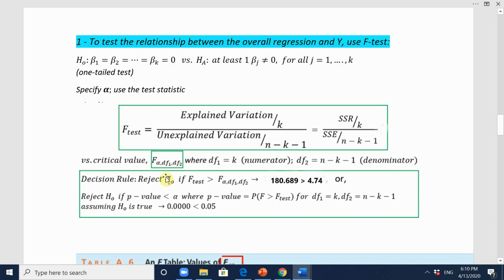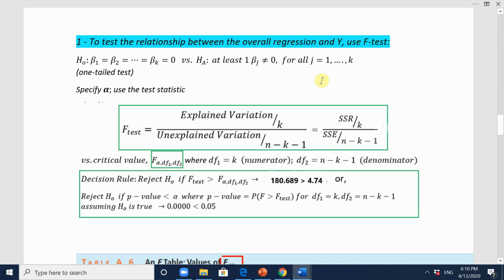You reject the null hypothesis if your test statistic is greater than your critical value. We can see clearly that is the case here. Hence, I can say that my multiple regression model does explain y to some extent, right?